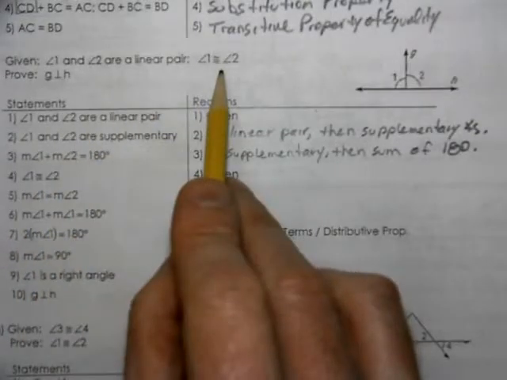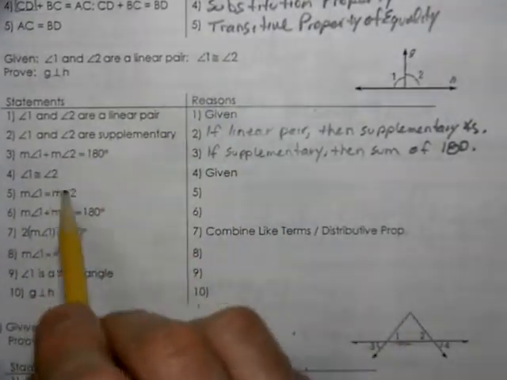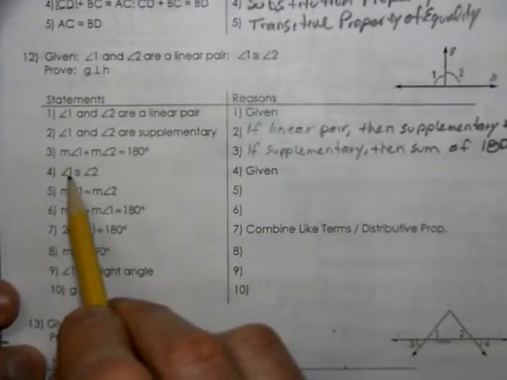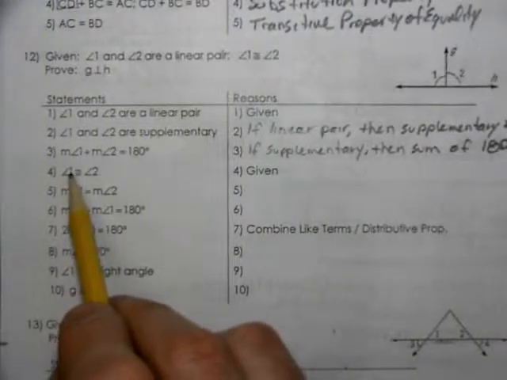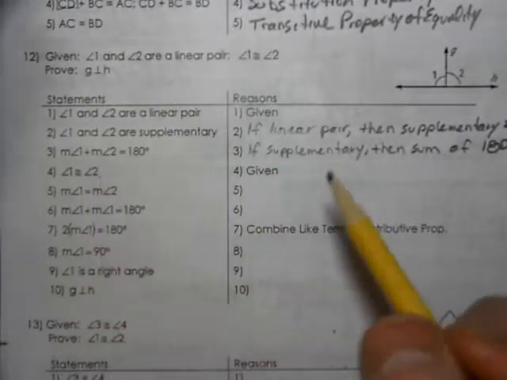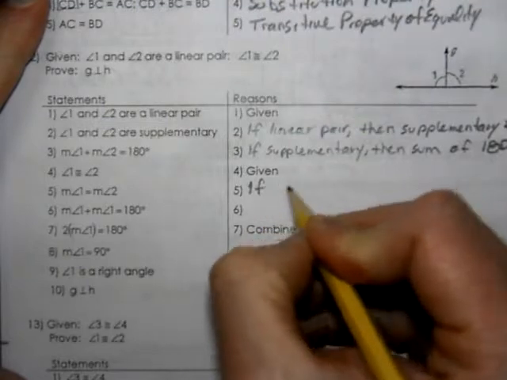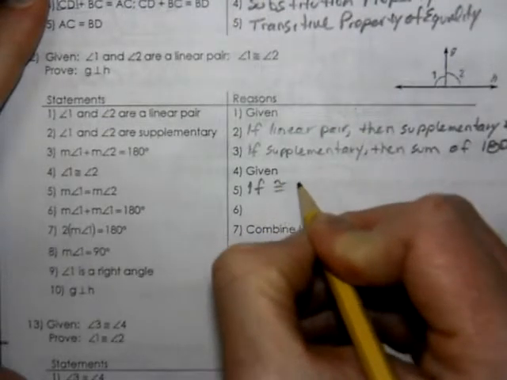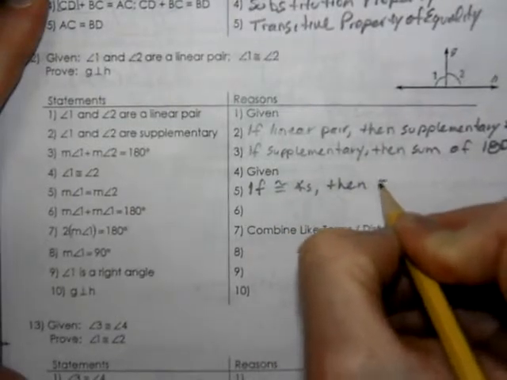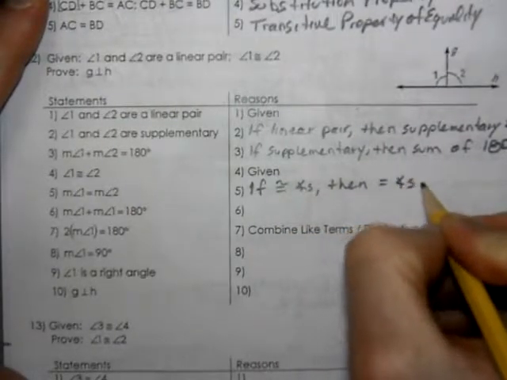Angle 1 is congruent to angle 2, that came from the given. Now the only thing that we're doing here in this step is saying that we're going from angle 1 is congruent to angle 2 to the measure of angle 1 is equal. So if congruent angles, then equal angles.